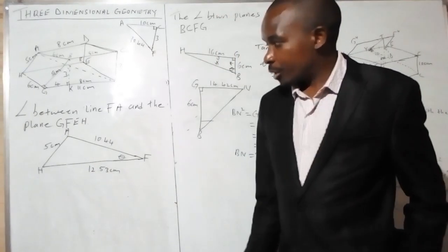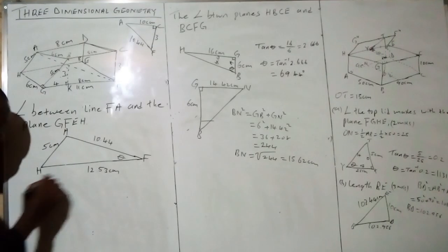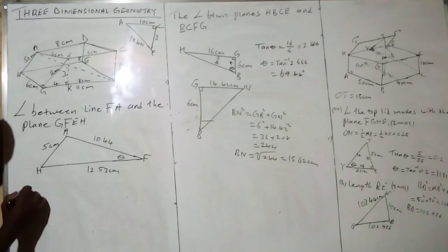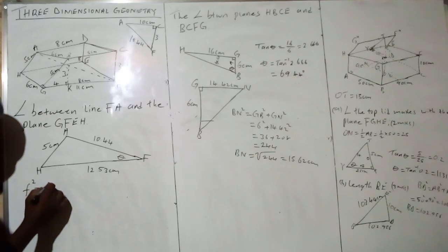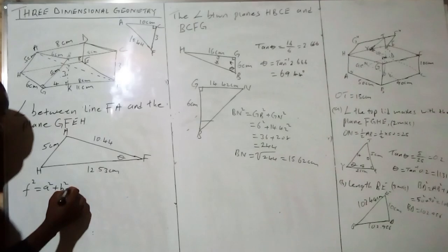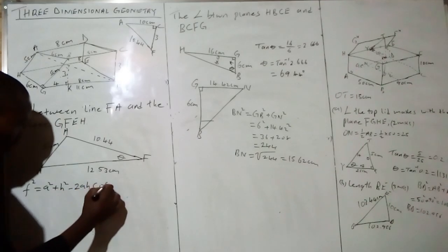And this is how you are going to apply it. We say F squared is equal to A squared plus H squared minus 2AH cos F. F squared is what?